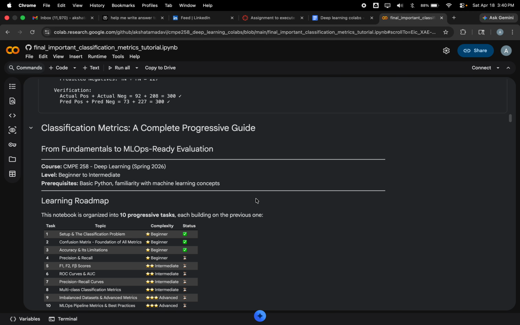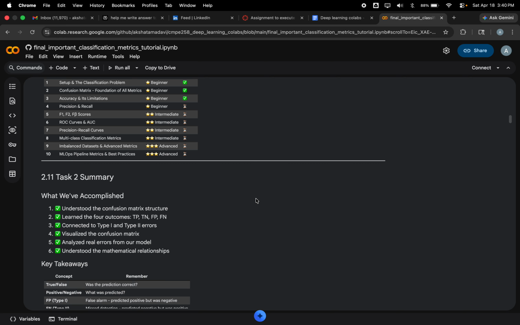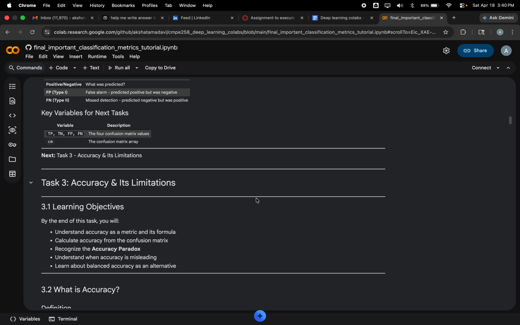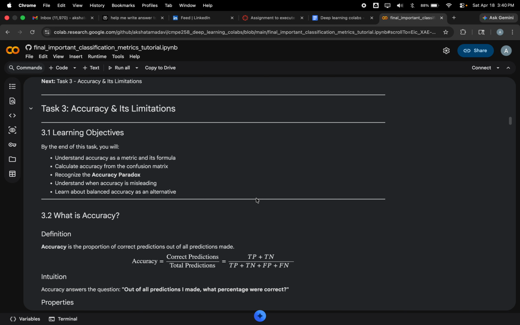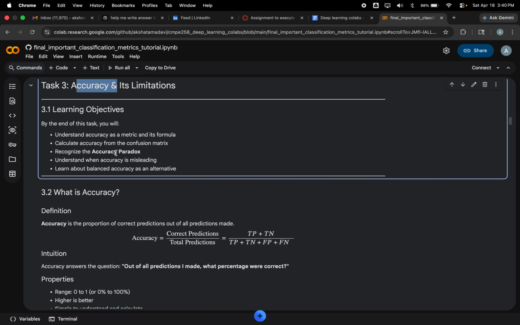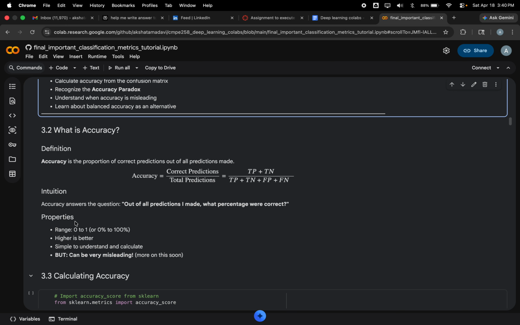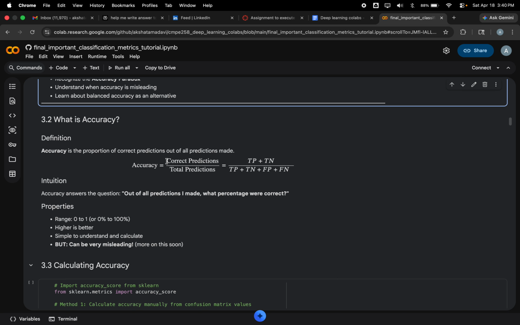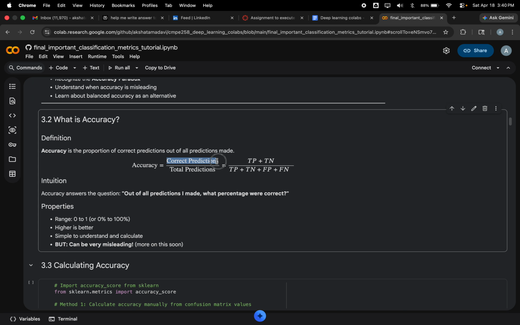We will need this to calculate the other metrics which we use. The first one is accuracy. Accuracy is the proportion of correct predictions out of all the predictions made, so it is correct predictions divided by total predictions.